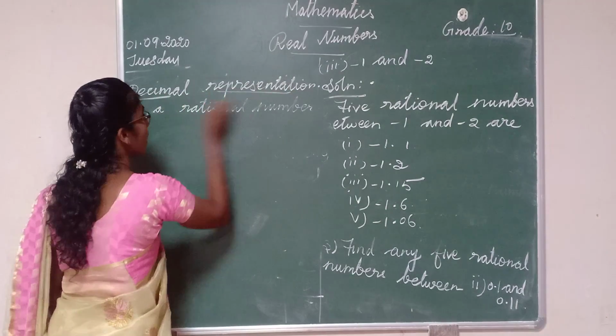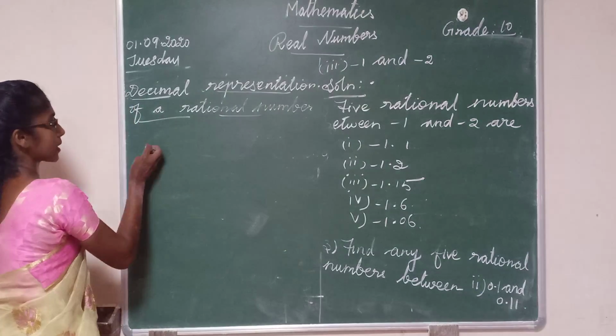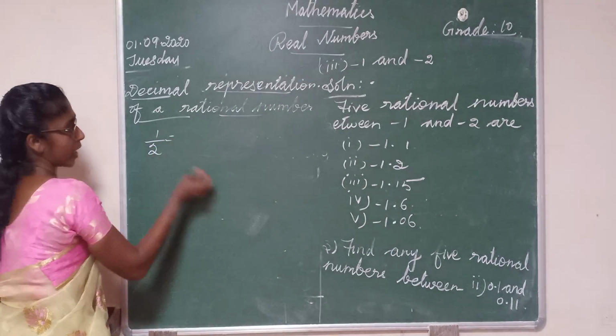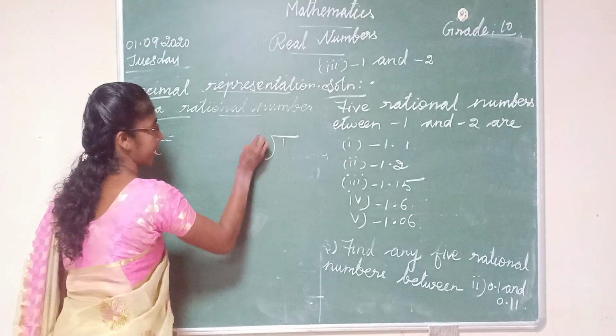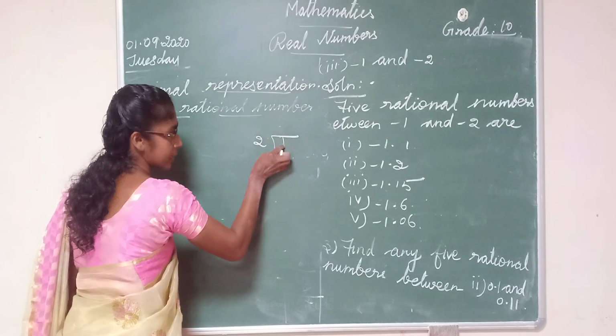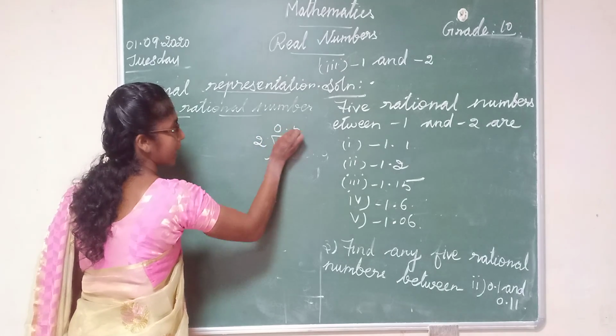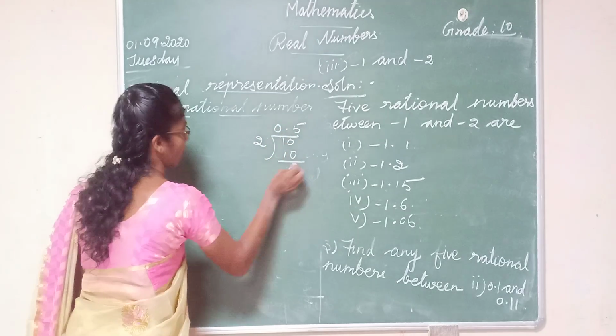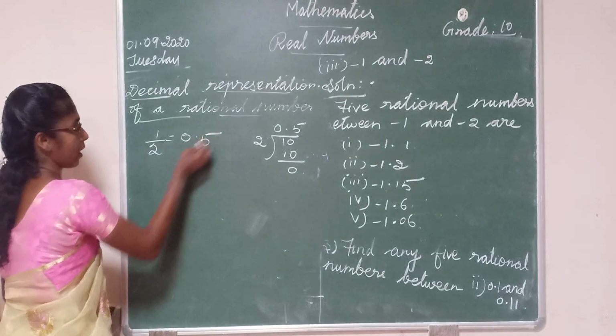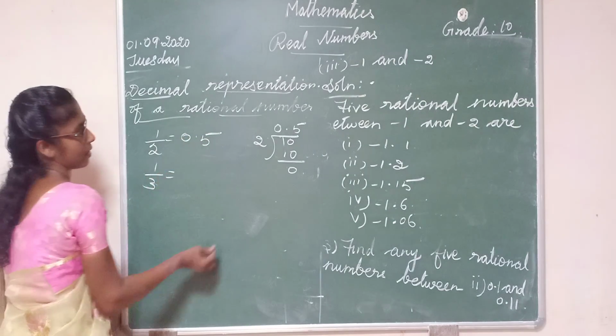Okay, rational number. Listen, 1 by 2. When we are writing in decimal form, what will we get? First, 1 is less than 2, so we write 0 point, then 5 times 10, 0 is equal to 0.5.